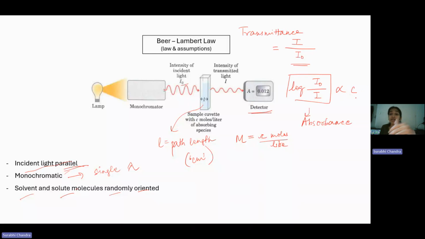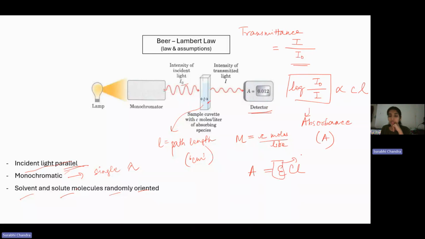Definitely, if the concentration is higher, the absorbance detected in the detector will be greater. It also depends on the path length, which is fixed in this case. Absorbance is denoted by A, so we can write the equation as A is equal to epsilon C L.